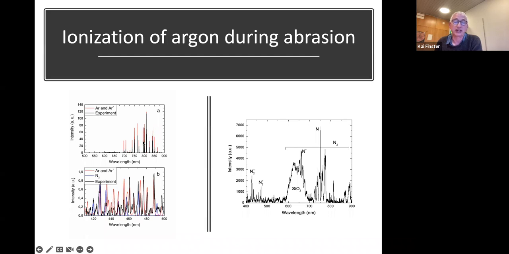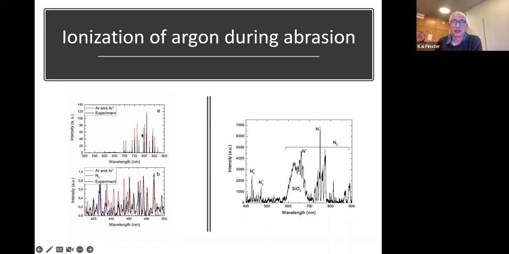And you can see that there's a very nice correspondence between what you would expect from literature values of ionized argon and what we see in our experiments. We can also see that not only argon is ionized, but also nitrogen.